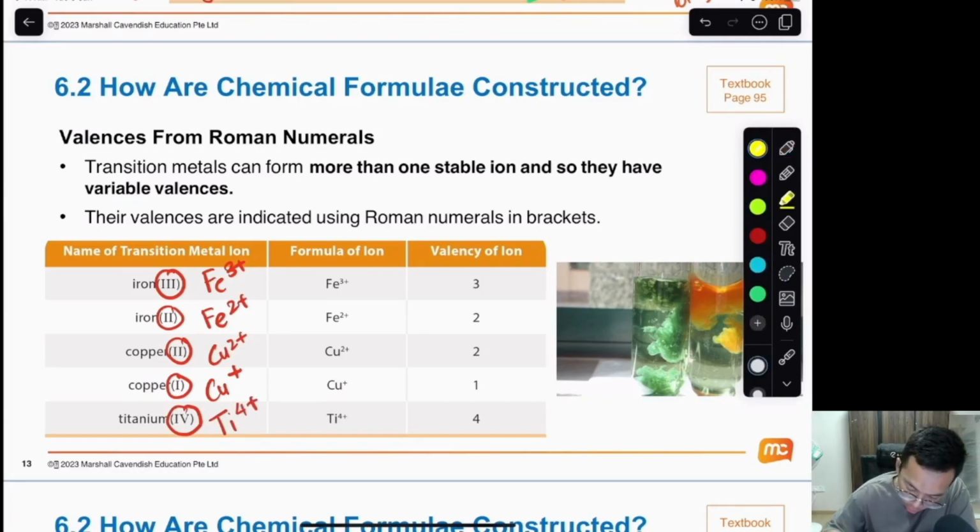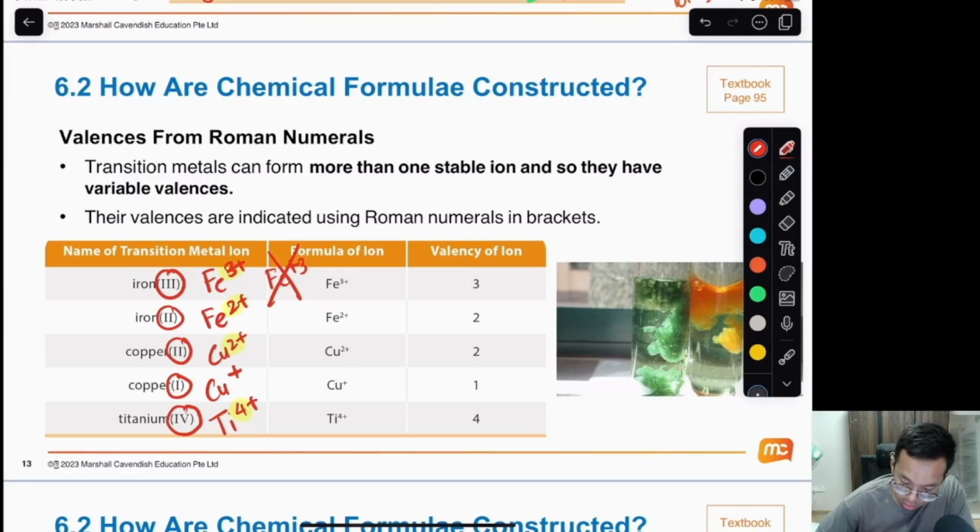One more thing to take note of: always write down your number first before your charge. So it's not plus 3, but rather it is 3 plus. Fe plus 3 is wrong, so write down 3 plus.